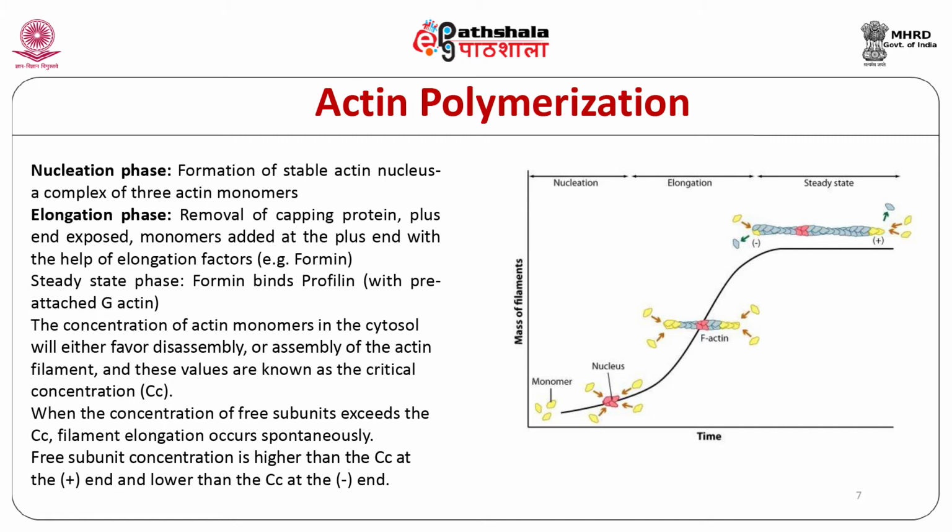When the concentration of free subunits exceeds the critical concentration, filament elongation occurs spontaneously. Free subunit concentration is higher than the critical concentration at the positive end and lower than the critical concentration at the negative end, which is shown in the figure.